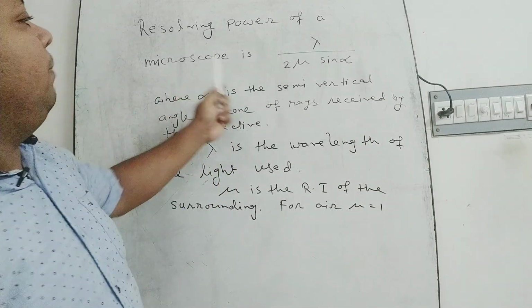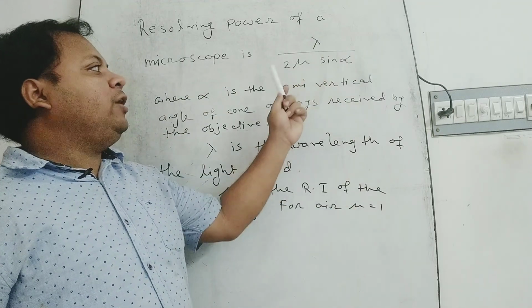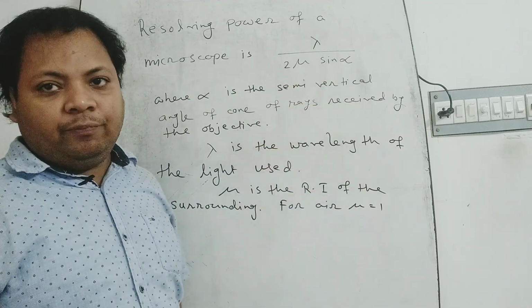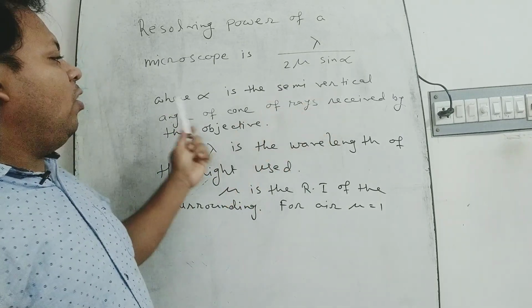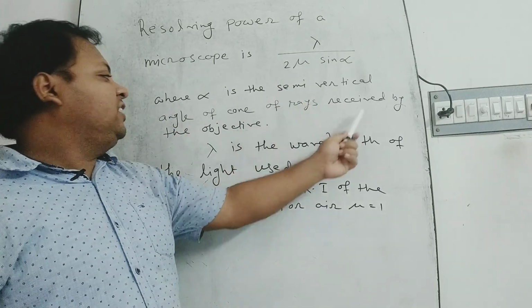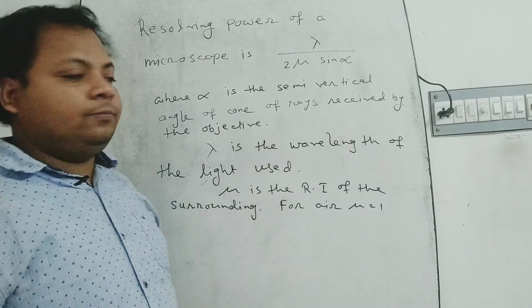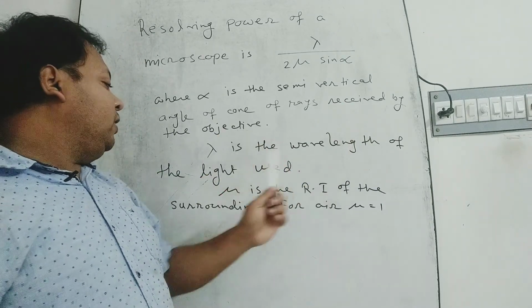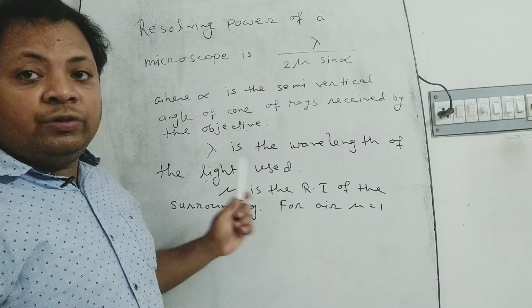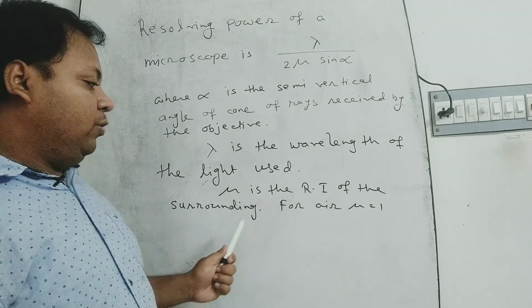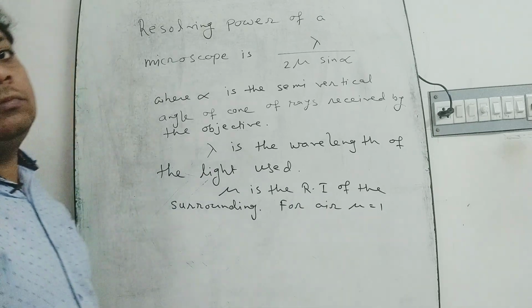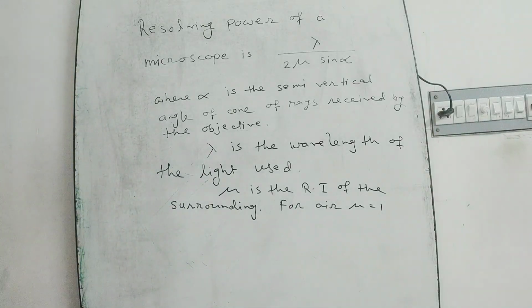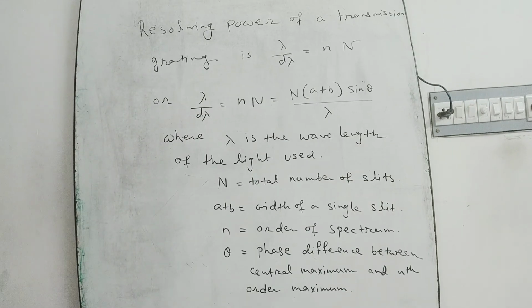And the resolving power of a microscope is equal to lambda by 2 mu sine alpha, where lambda is the wavelength of the light used, alpha is the semi-vertical angle of the cone of the objective, and mu is the refractive index of the medium.